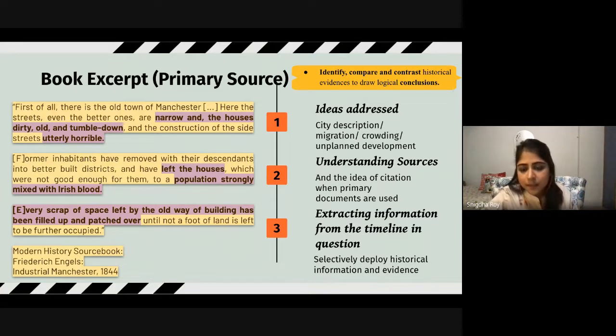Now, in class, reading and understanding this text as part of the discussion would push students to identify key ideas, which would be description of the city, migration, crowding, unplanned development, and so on. But more importantly, they are engaging with primary sources at this point.